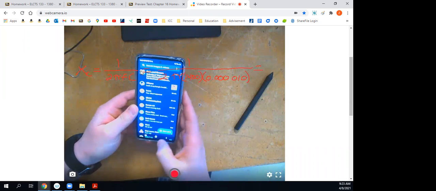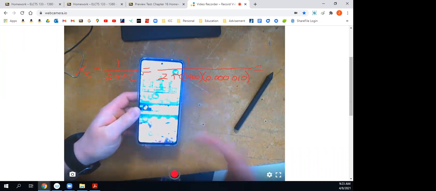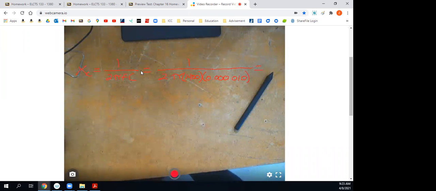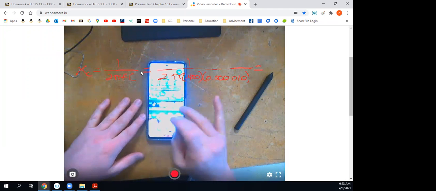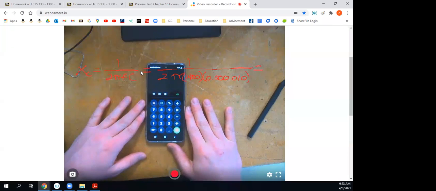Well, you get your phone out because you can't use that on a quiz, but I don't have the calculator you guys have here. I'll get one of them and show you, but this should be the same sort of thing.